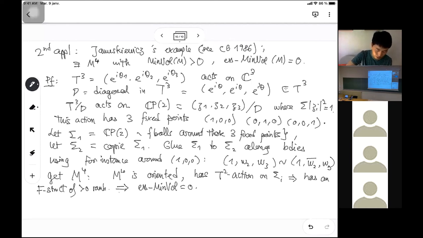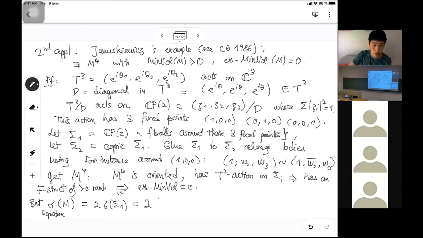On the other hand, if you look at the signature, this is a topological invariant that is defined using the second cohomology group of your manifold. Anyway, it can be computed when you have a decomposition of your manifold into several pieces. It's additive, actually. So the signature of M is 2 times the signature of sigma 1, which is equal to the signature of sigma 2.